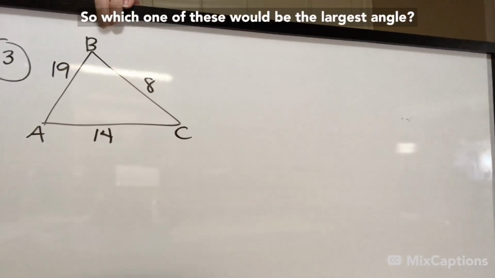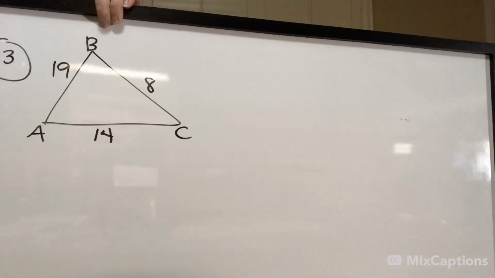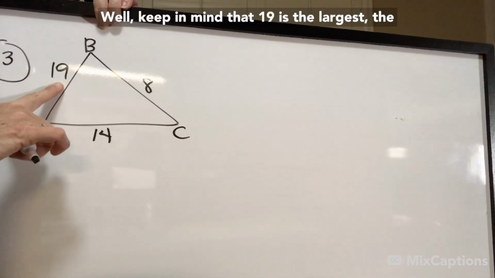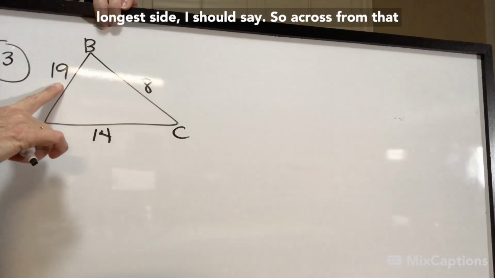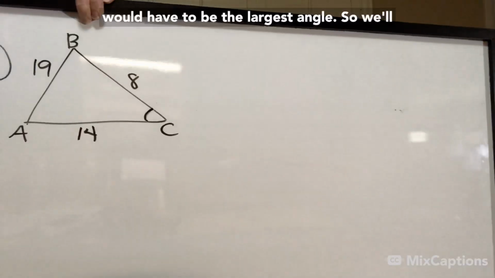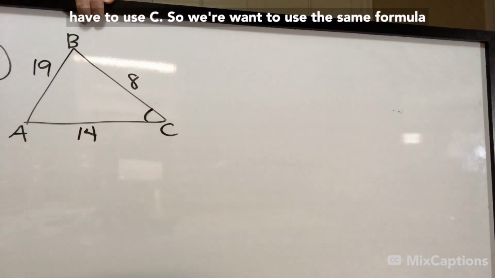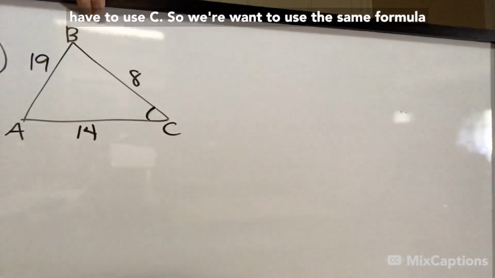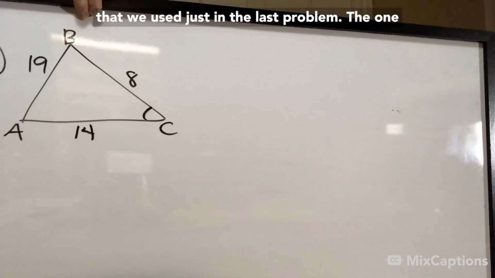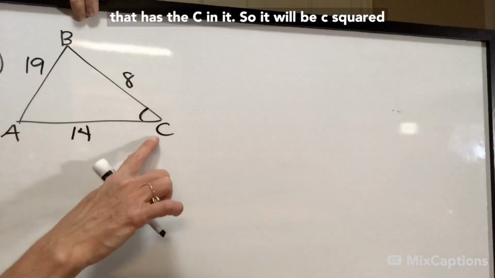So which one of these would be the largest angle? Well, keep in mind that 19 is the largest, the longest side, I should say. So across from that would have to be the largest angle. So we'll have to use C. So we want to use the same formula that we used just in the last problem, the one that has the C in it.